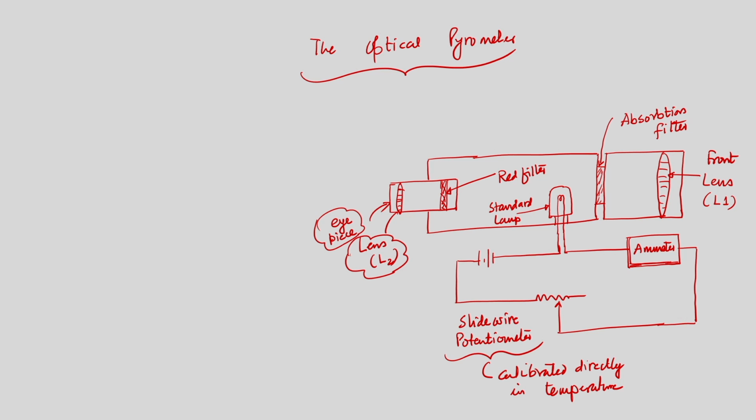Now, if we try to write the objectives: the front lens L1 is used to focus the light onto the absorption filter.